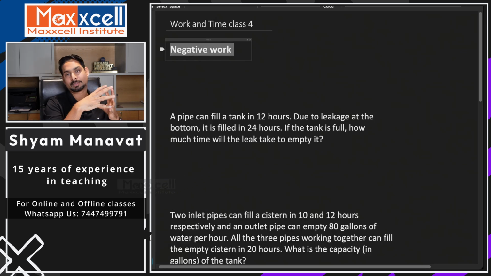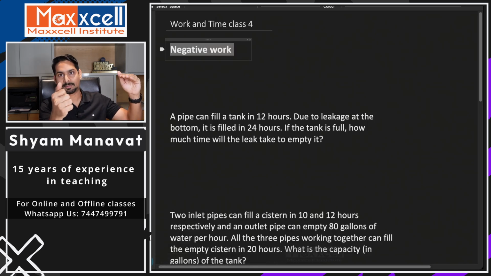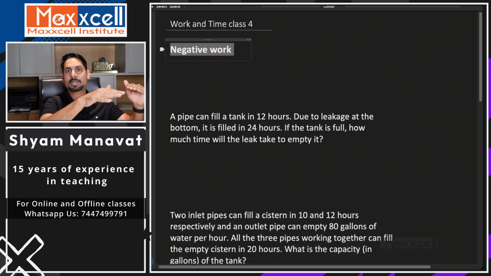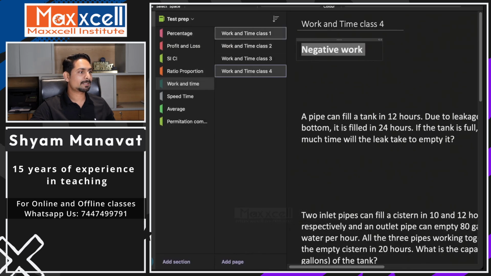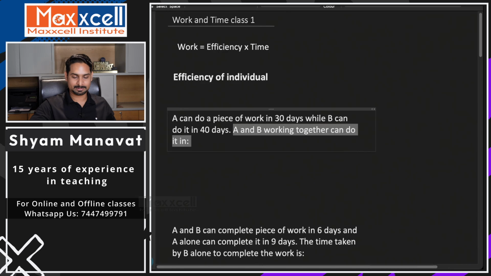That means someone is adding to the work, for example someone is building up a wall, and the other person is destroying the wall, so negative work. This is what we are going to learn in the work and time chapter.